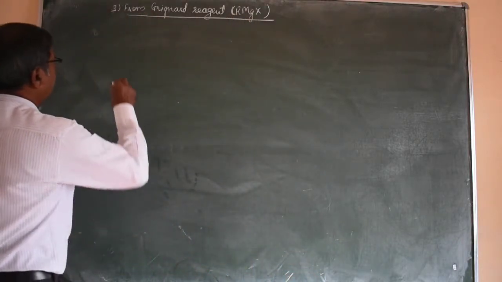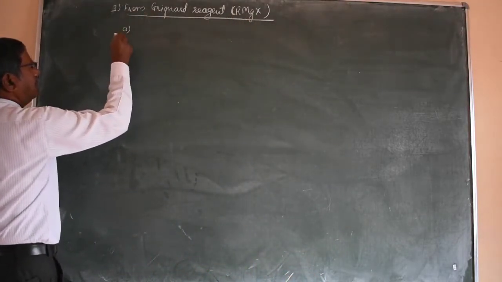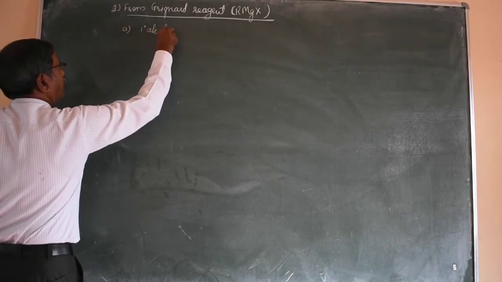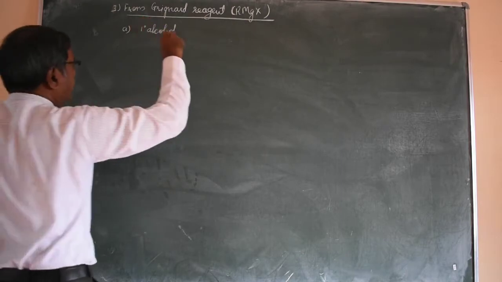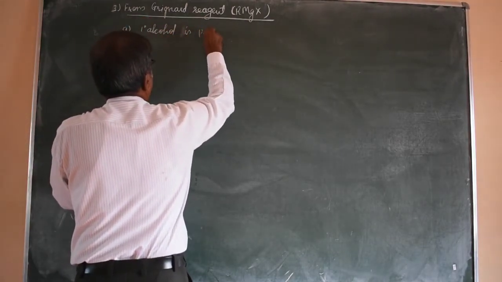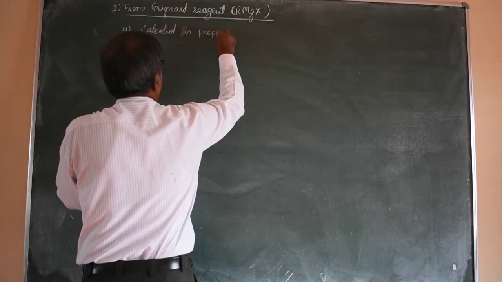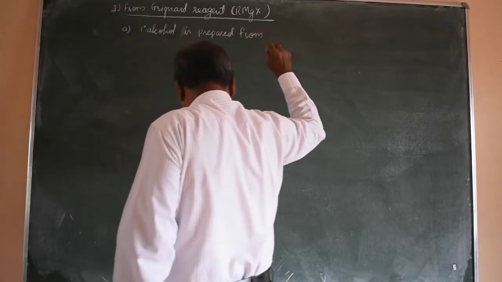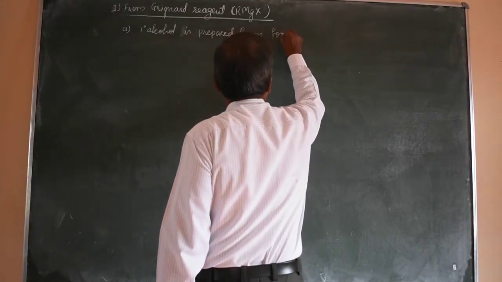So a 1 degree alcohol is obtained, or is prepared, from formaldehyde.